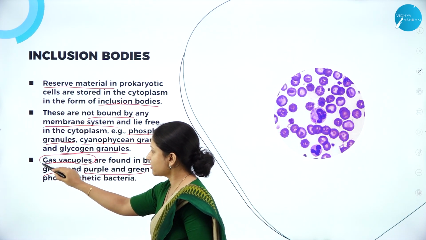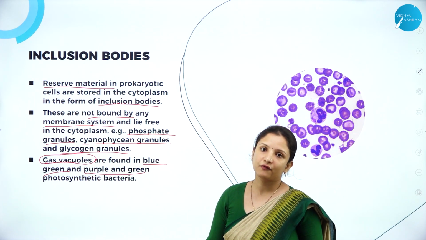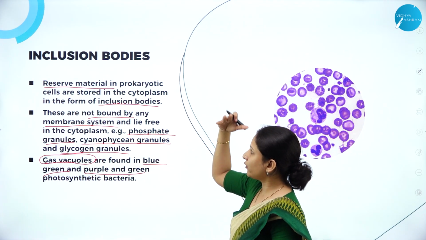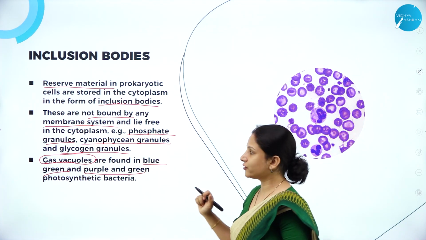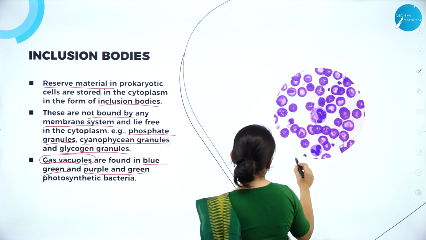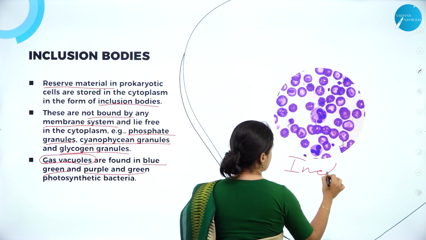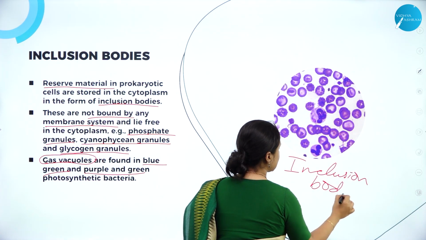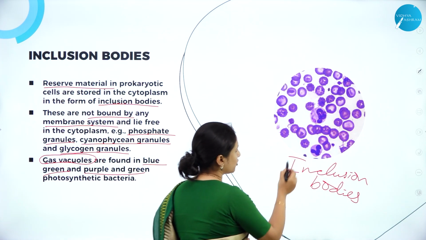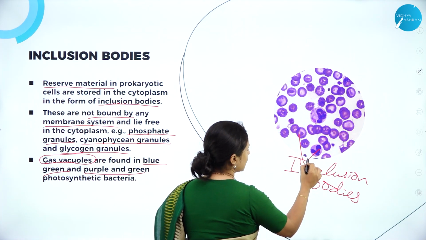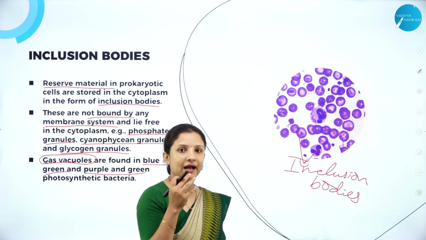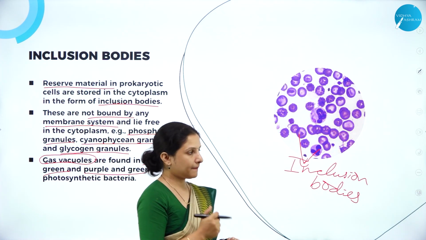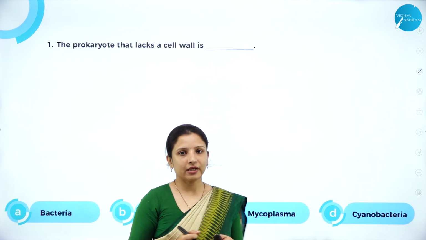So they have special inclusion bodies in the form of gas vacuoles. So this is about inclusion bodies and the gas vacuoles in bacteria. Where are they present? They are present freely moving around in the cytoplasm. All these inclusion bodies act as reserve materials in the bacteria.